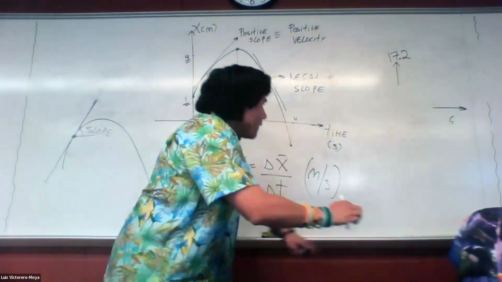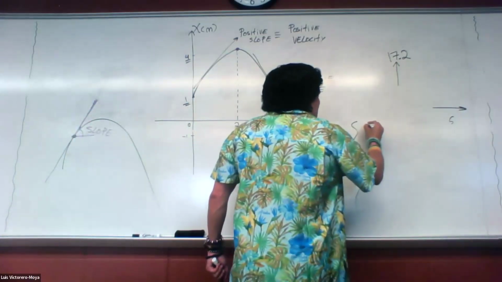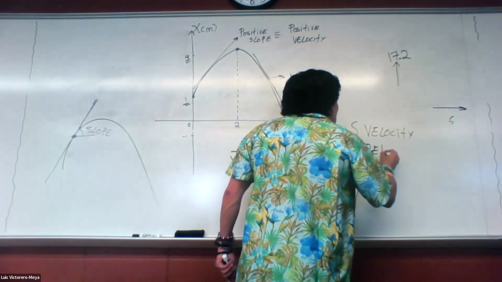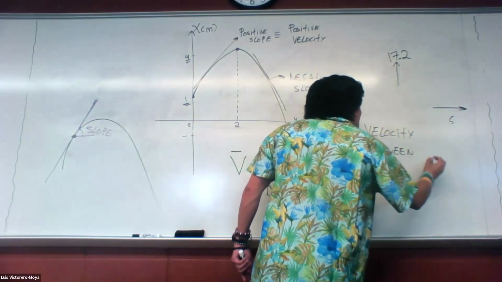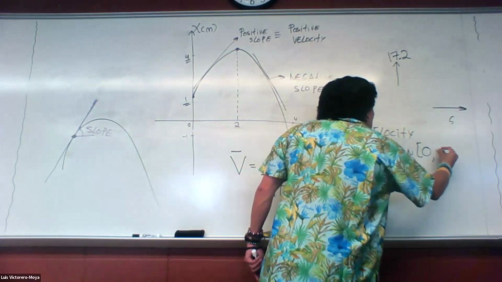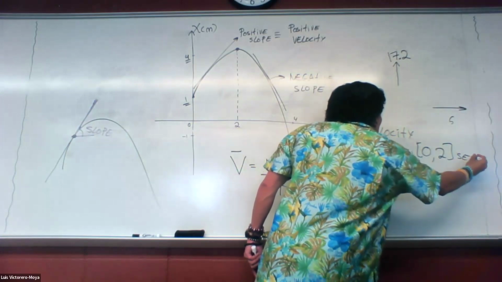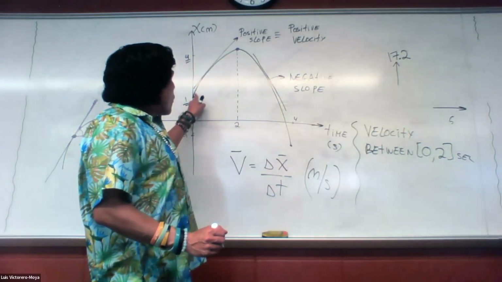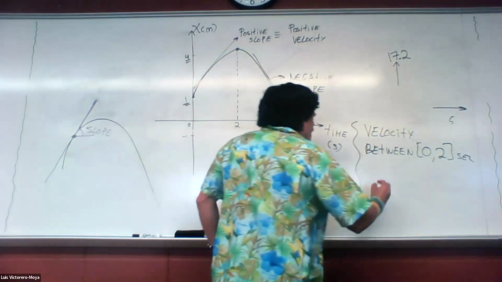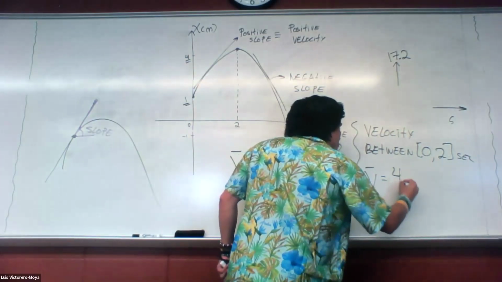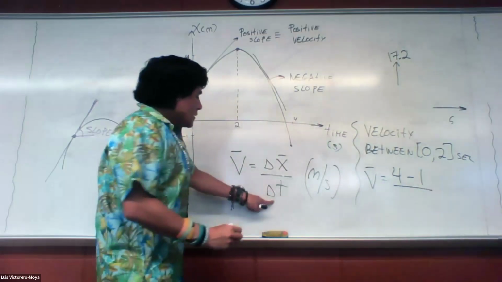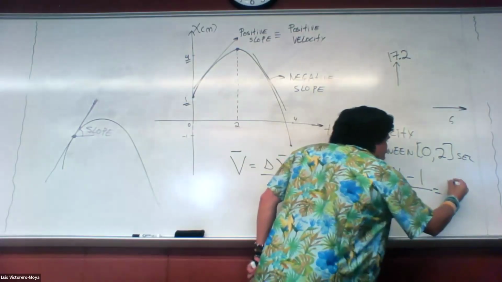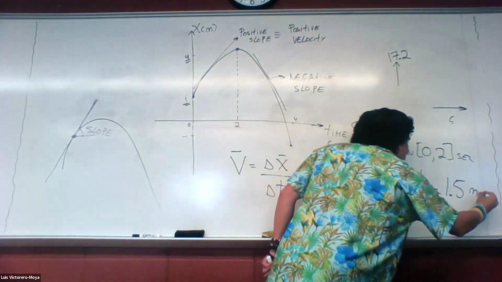So if I want to find the velocity between 0 and 2 seconds, that's my displacement from 1 to 4, 4 minus 1 over the elapsed time, which is 2. 3 over 2, 1.5.